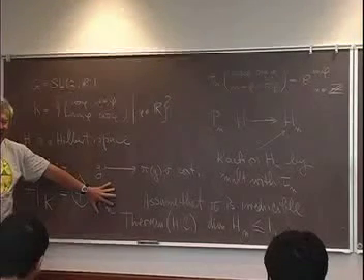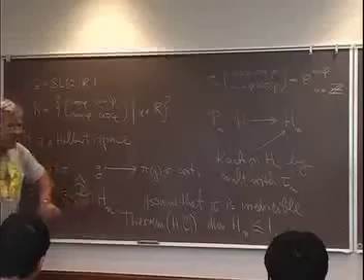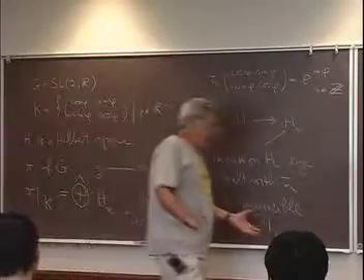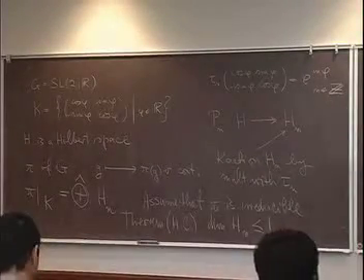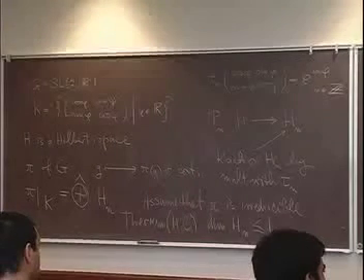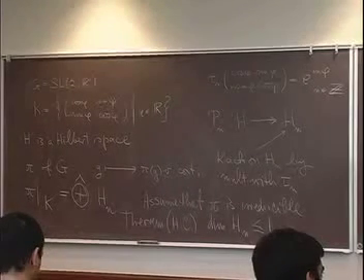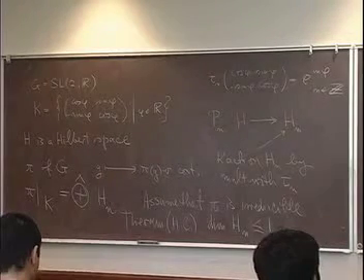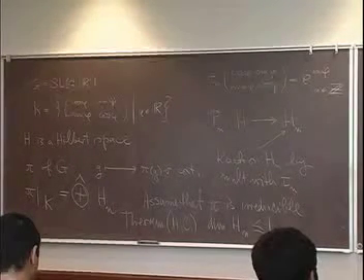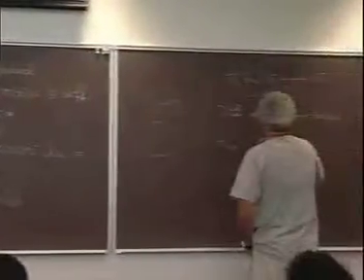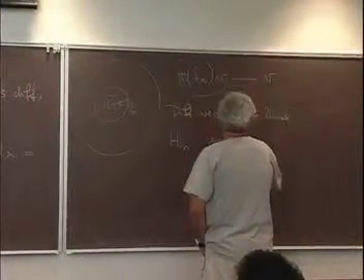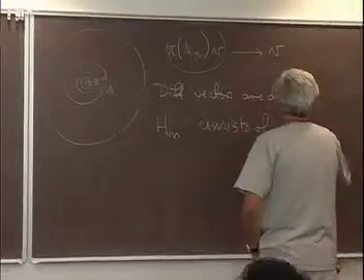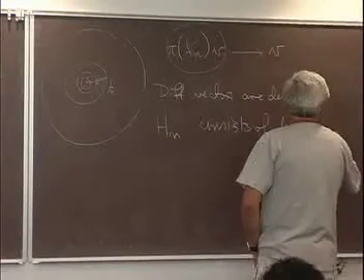I get something dense again, but Hn is either zero-dimensional or one-dimensional. So basically, I get everything there. So the conclusion is that Hns consist of differentiable vectors.